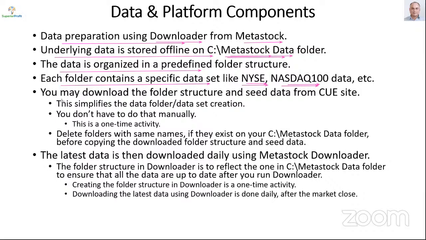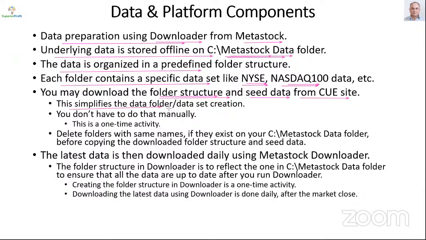It needs some effort to create the folder structure and then download the initial historical data, let's call it seed data. So you can do that manually, or you can download the folder structure and initial seed data from the Q download site.